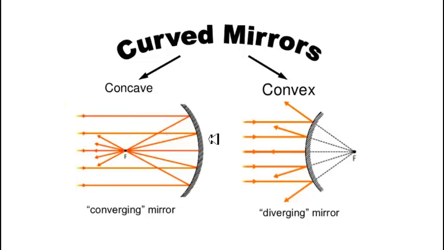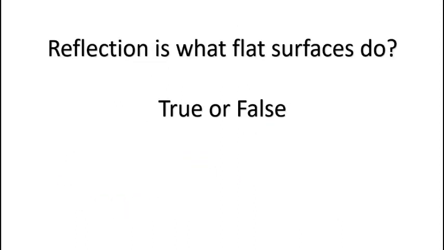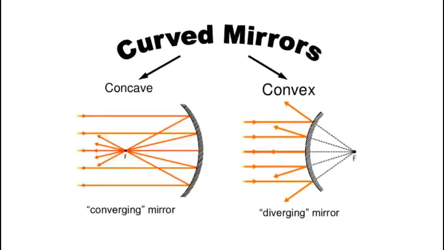So specular reflection is reflection that can be predicted by the ideal. If you know the curvature of this curve and you know where the incident light hits, you can predict the reflected light. So this is clearly not true. Reflection is not what only flat surfaces do, because curved surfaces can reflect as well.